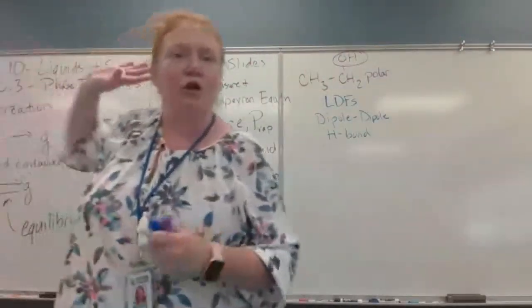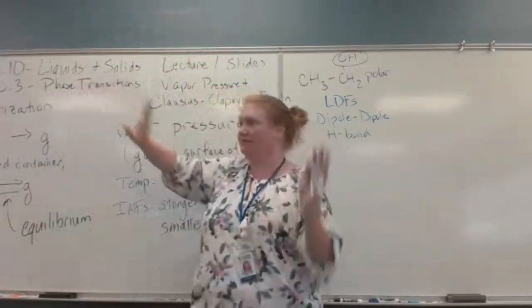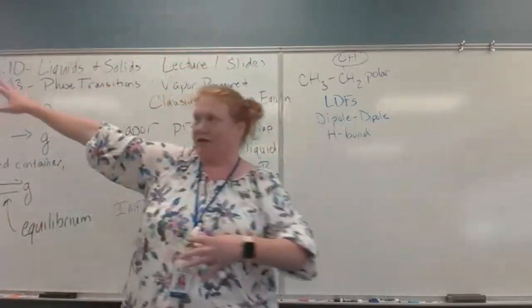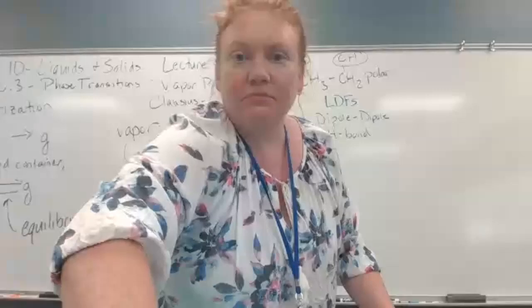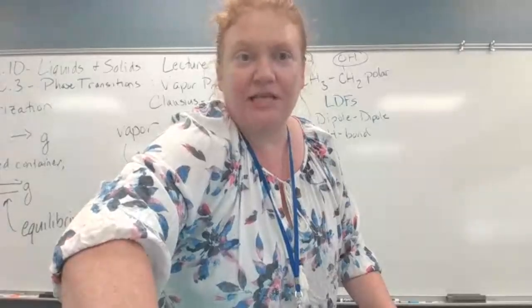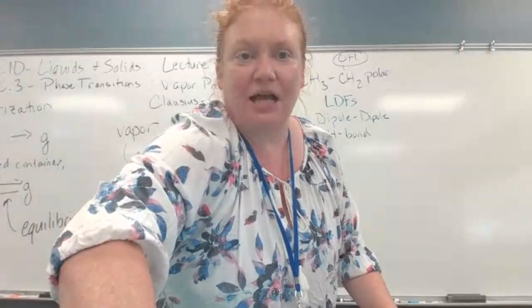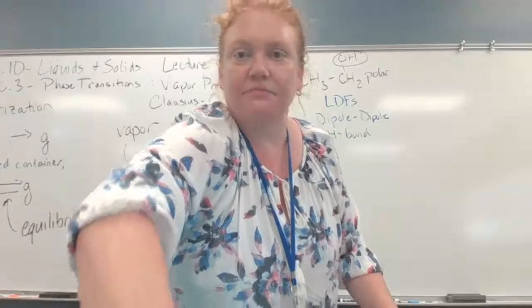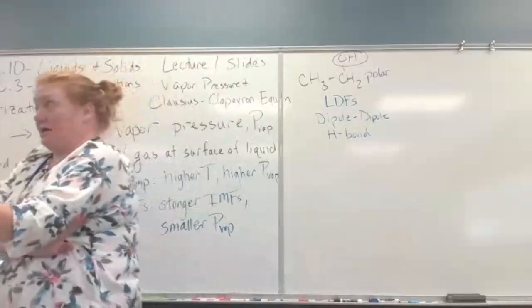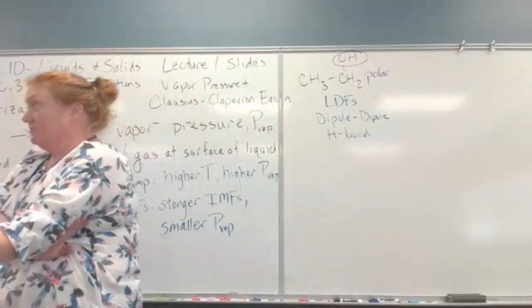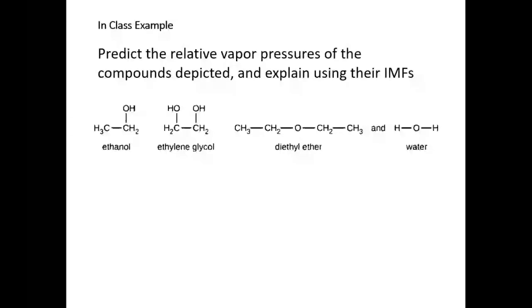Ethylene glycol. I'm not going to draw all of these up here on the board because we have them drawn already. But when you look at ethylene glycol, what can you now tell me about what kind of IMFs it has? All of them as well? Sure. Everything has LDFs. Why is that obviously polar?